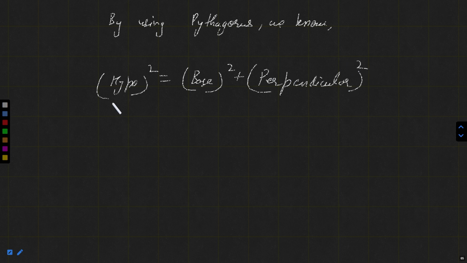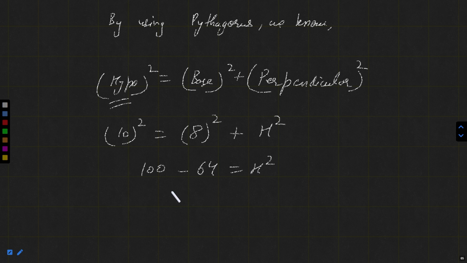We know the hypotenuse is the side opposite the right angle, which is 10. Base we know, let's take the base as 8. Now the perpendicular I am taking as h. So 100 minus 64 is equal to h square, which is 36.